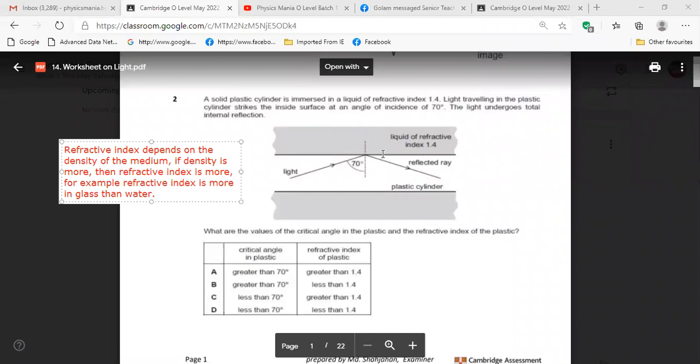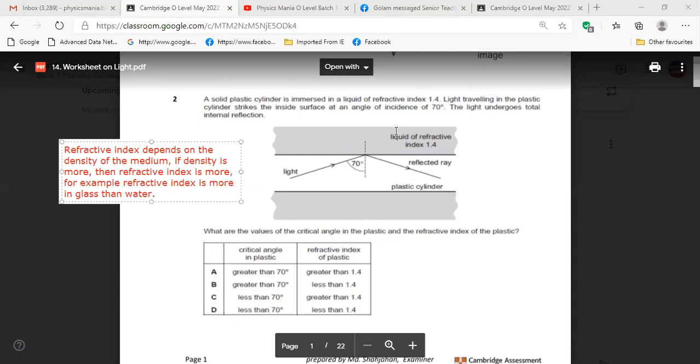Look, they are saying the light undergoes total internal reflection. So if it is total internal reflection, light must go from denser to rarer medium, isn't it?